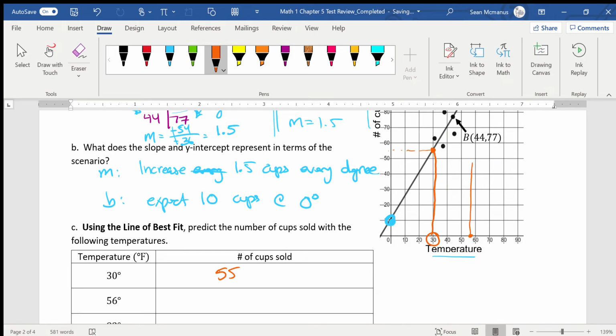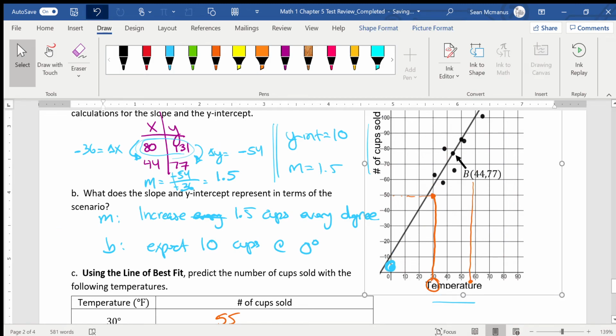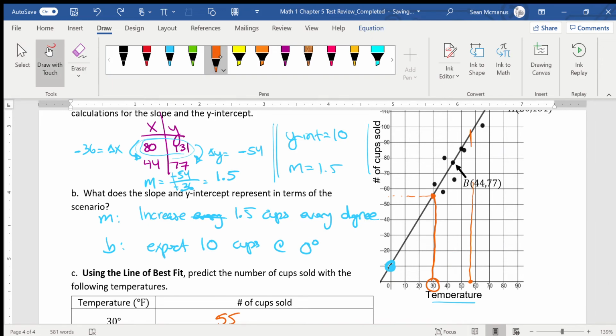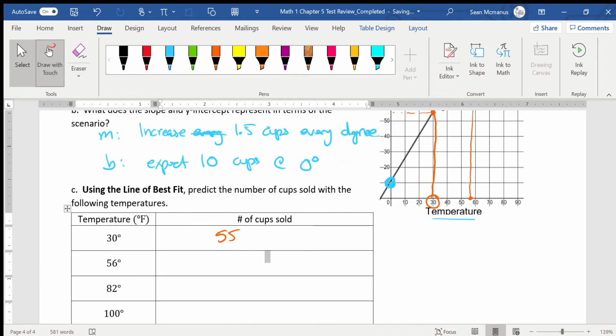Go straight up. Whoops, I kind of messed that up. But it's going to go up to about here. So like 97 maybe, and so on. All right, so you can do it from there.